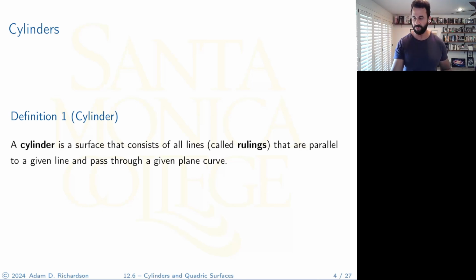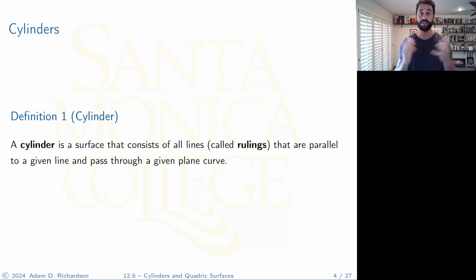Not every cylinder is circular; you can have cylinders of all types. The main thing that defines a cylinder is that you have a line, and then a whole bunch of other lines parallel to that line, called rulings, and those parallel lines pass through some given planar curve. So easy enough.